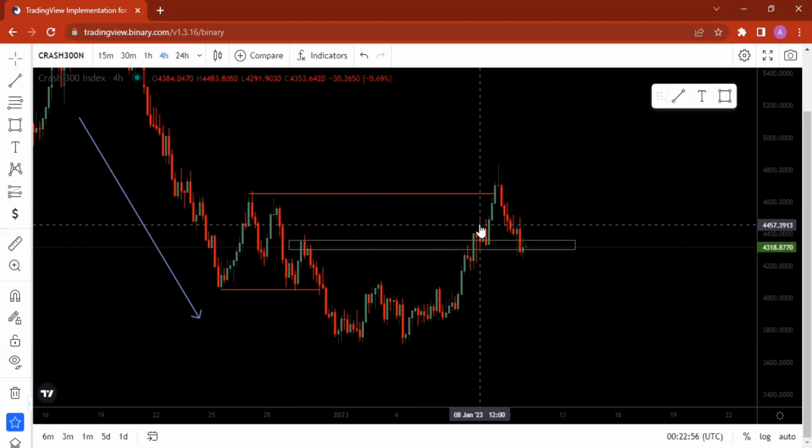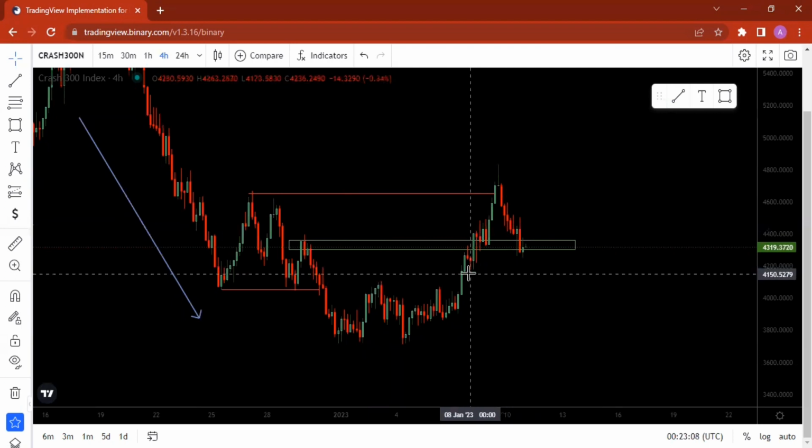Depending on your strategy, depending on your own approach, you can use whatever tool or approach you want to use in this case. But I'm going to use maybe the fib level, and then I'm just going to use basic price action here, guys. I'm not going to use smart money concept or anything.